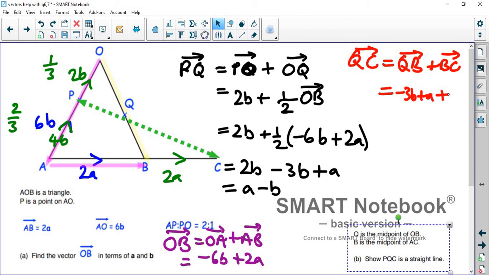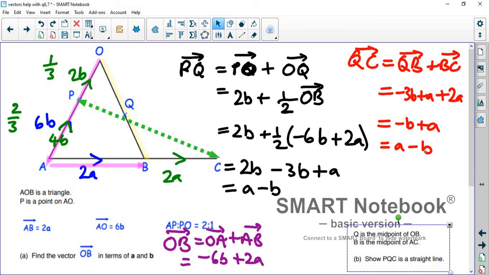Okay, and then B to C, we've already worked out, is 2a. Right, so if we add those up, we get minus b plus a. Alright, or a minus b.